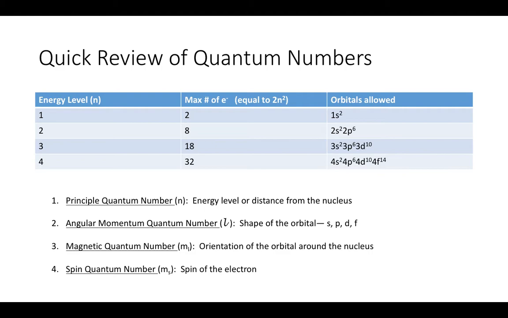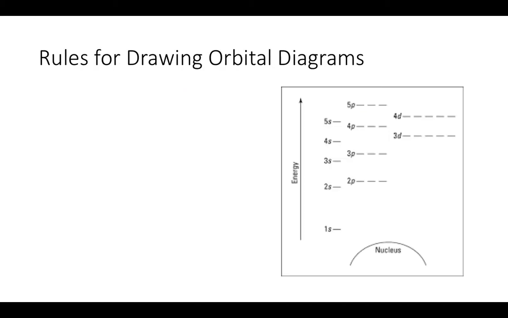And then finally, the fourth quantum number, the spin quantum number, m sub S, gives us the spin of the electrons. While we're not going to be talking about these ideas directly today, they will still be in the background as we're looking at how we draw orbital diagrams and write an electron configuration.